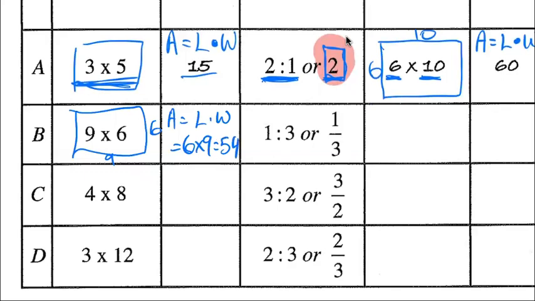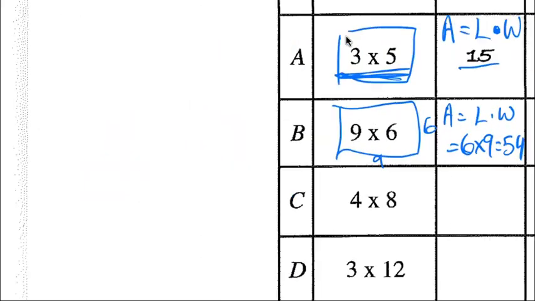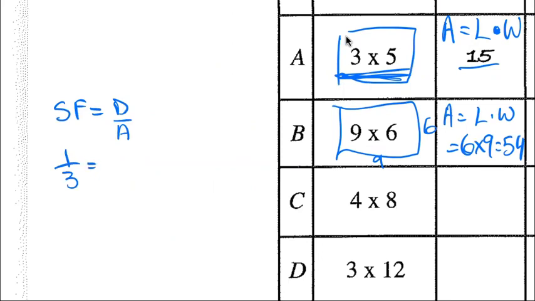If we apply a 1-to-3 ratio, this is a reduction by a factor of 3. Somewhere we're doing the math: scale factor is equal to drawing over actual, so my 1/3 scale factor is equal to x over my original.